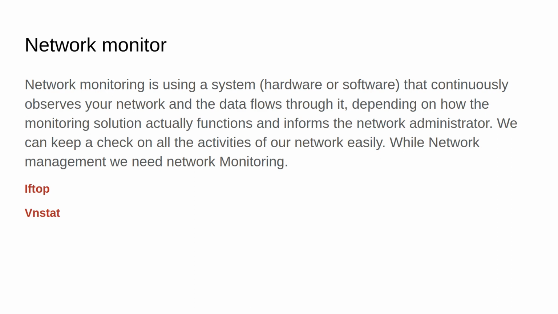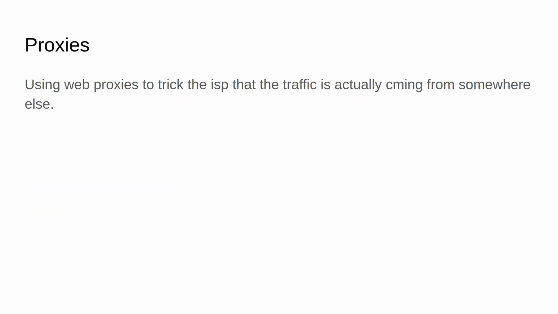So what does the network monitor do? It monitors all the activities of the software you are running that is trying to send your personal data to other machines, and you can actually block that. iftop and vnstat are examples of network monitors.